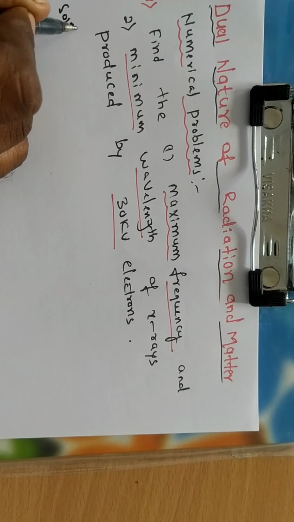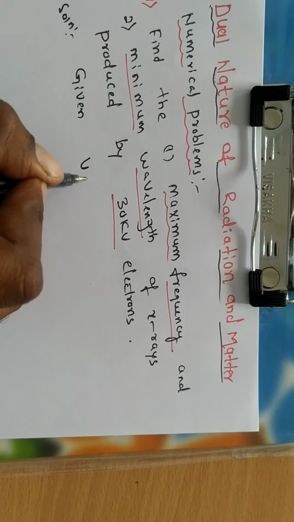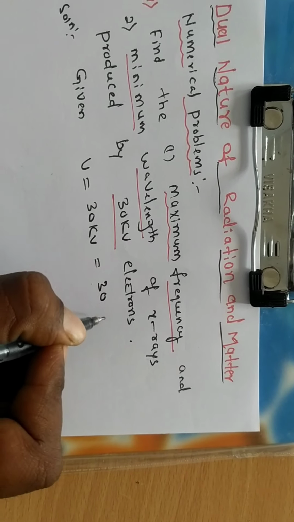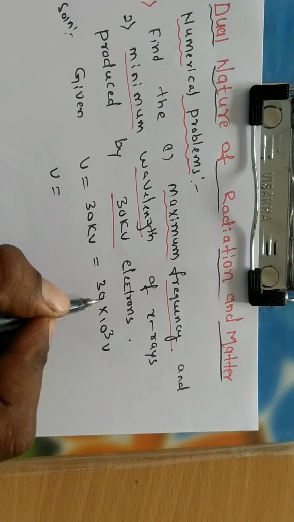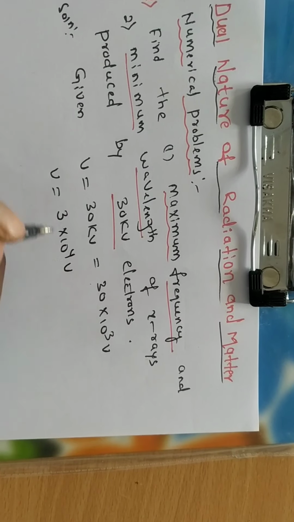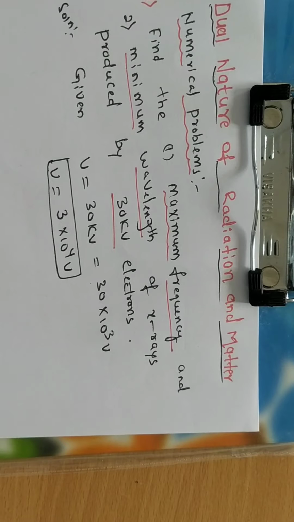Solution. Given: V is equal to how much here? 30 kV. 30 kilo value 10 to the power of 3 volt. V is equal to 3 into 10 to the power of 4 volt. Okay, this one is the potential difference voltage.